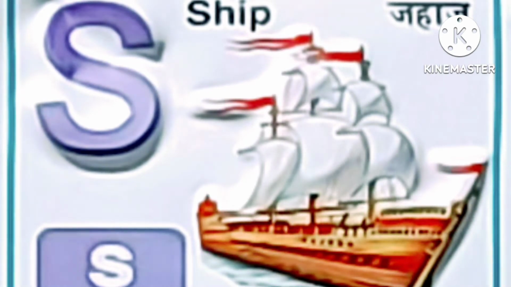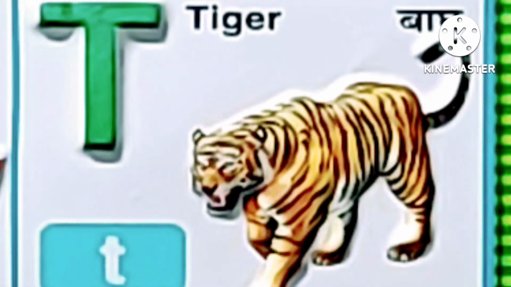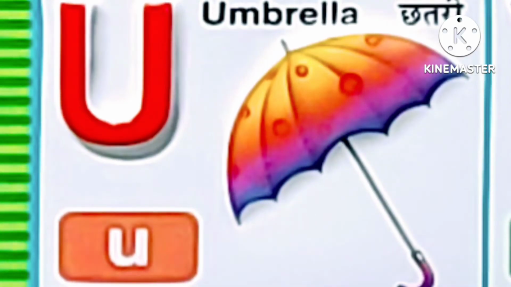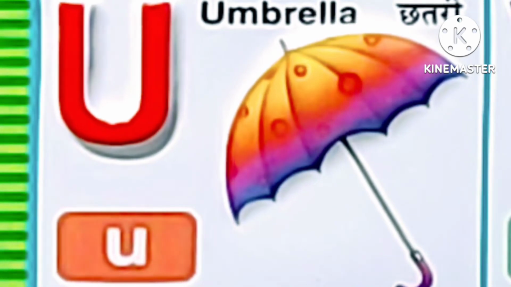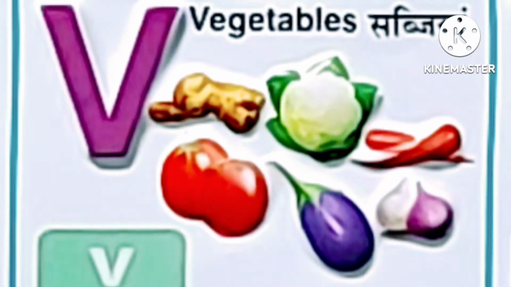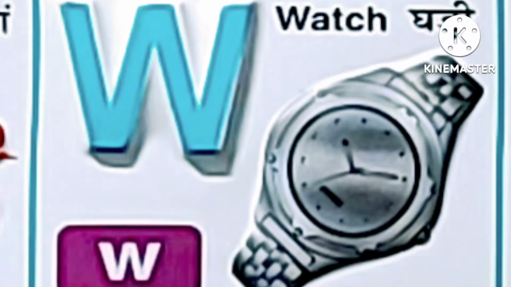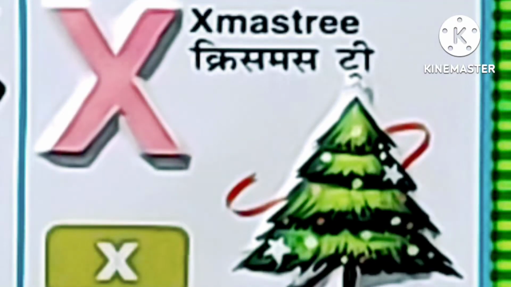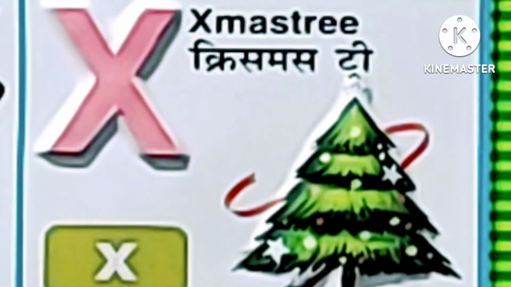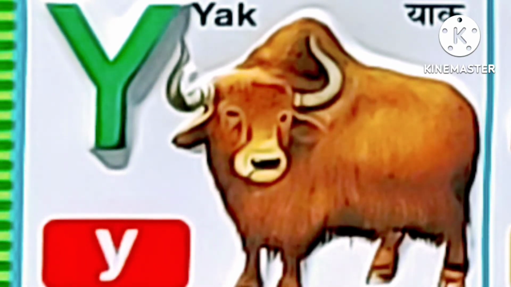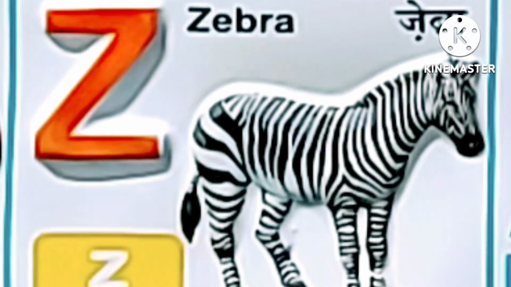S for sheep. T for tiger. U for umbrella. V for vegetables. W for what? X for Xmas tree. Y for yak. And Z for zebra.